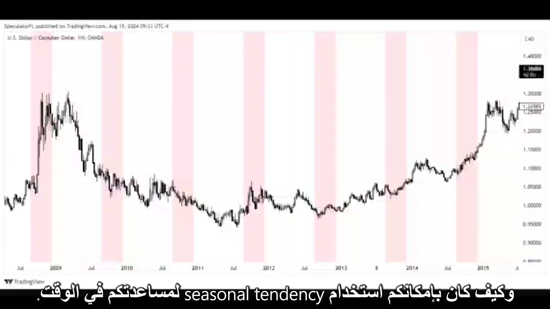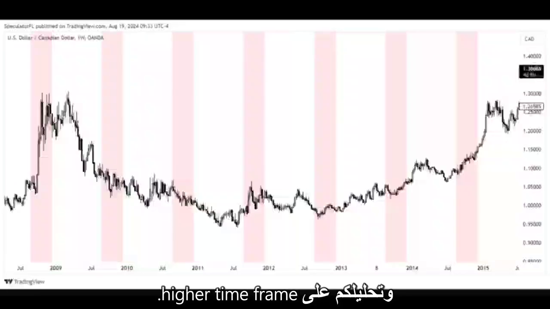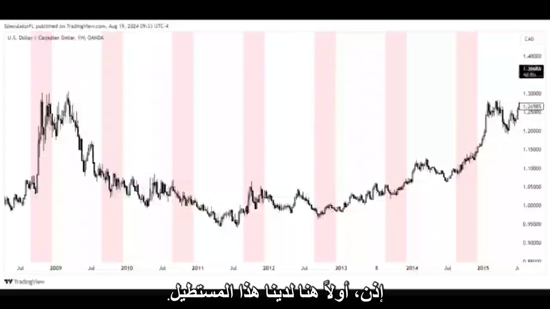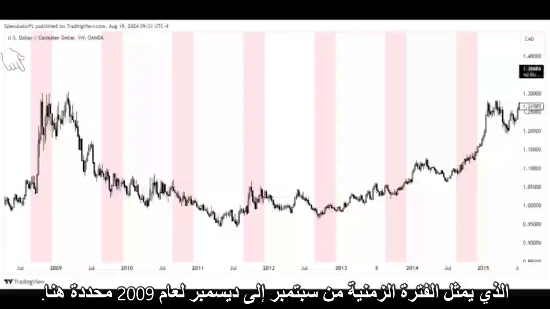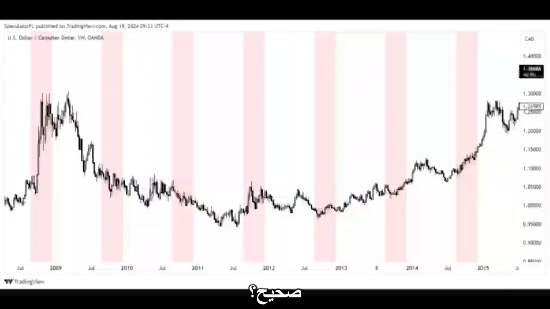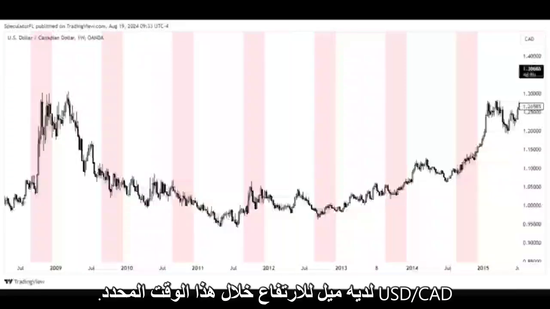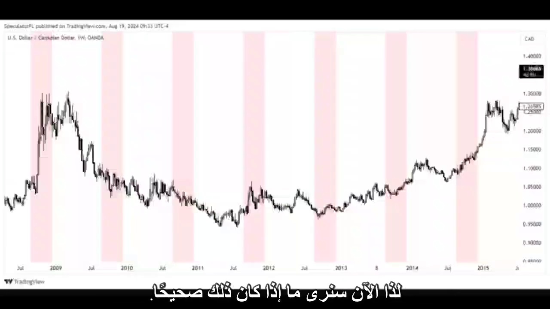And how you could have used seasonal tendency to help you with time and your higher time frame analysis. So first off, right here we've got this rectangle which represents the time window from September to December of 2009, outlined here. We learned that seasonally USD CAD has a tendency to go higher during this particular time. So now we'll see if that stays true and how often we go higher.